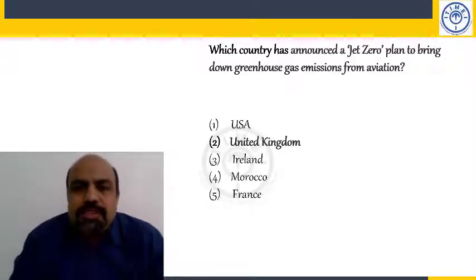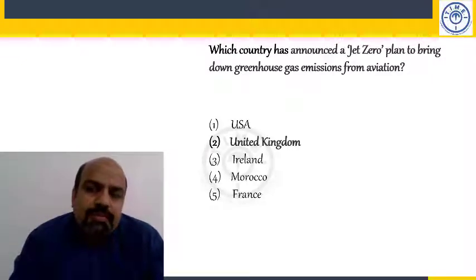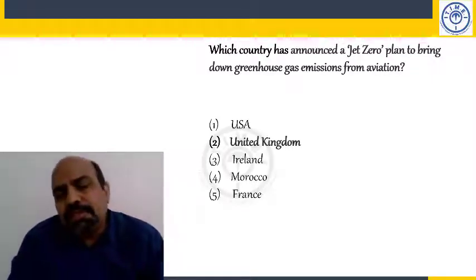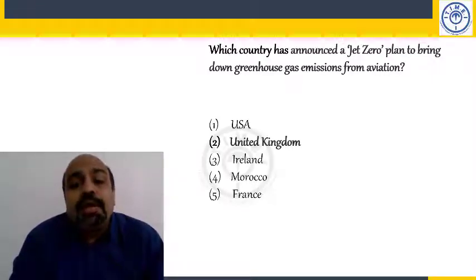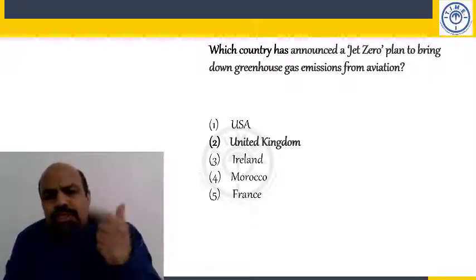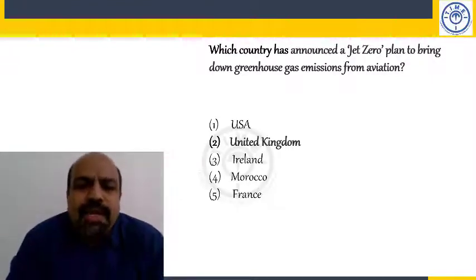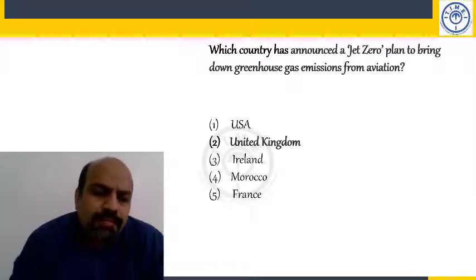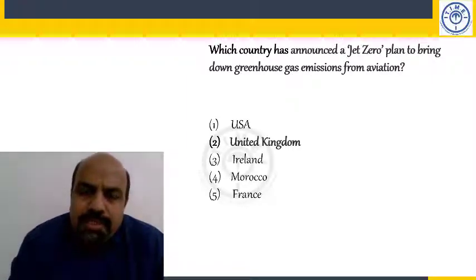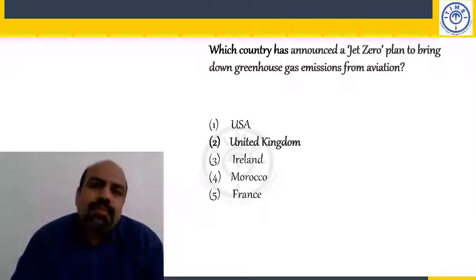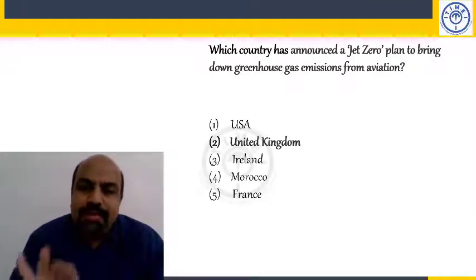It's good to have targets, but given the cost of investing in new, cleaner technologies, it's tough. Who are the chiefs of US, UK, Ireland? New Prime Minister of Ireland, you write, Micheál, M-I-C-H-E-A-L, right spelling.